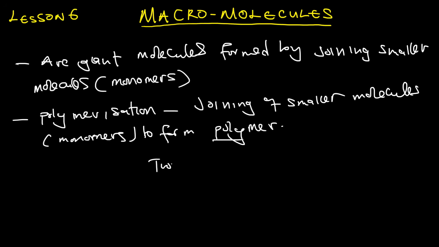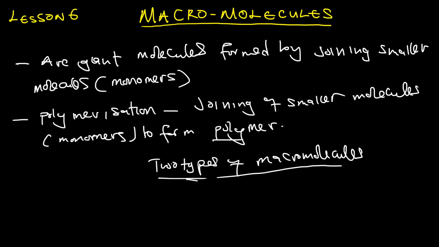Now let us have a look at the types of macromolecules. What are the two types of macromolecules? They are called polymers. So in other words, here we can say two types of polymers, okay?